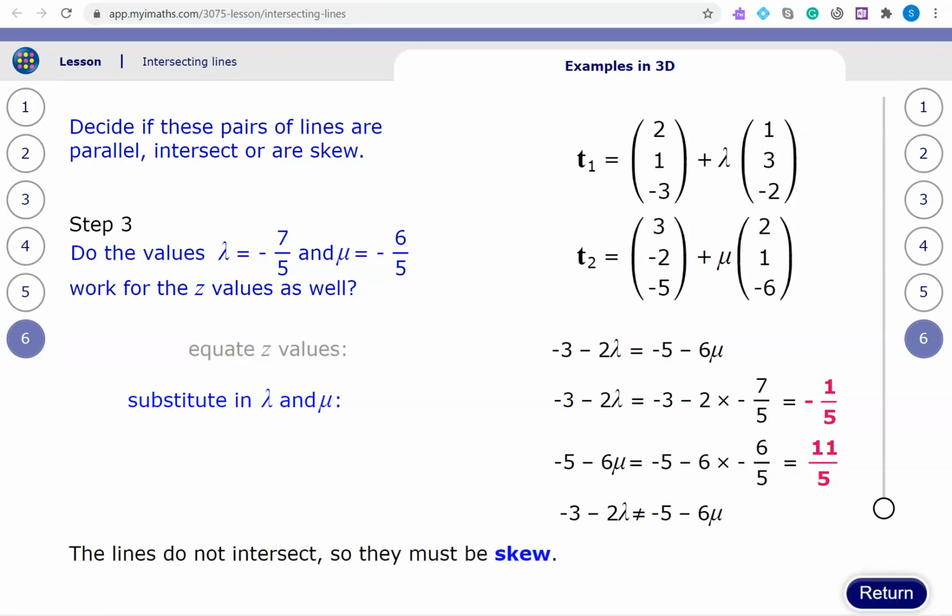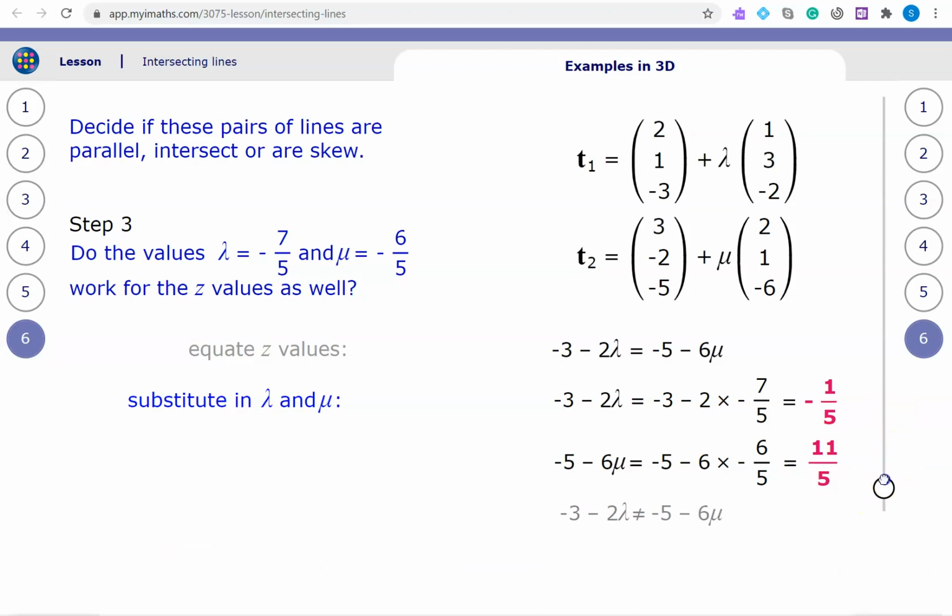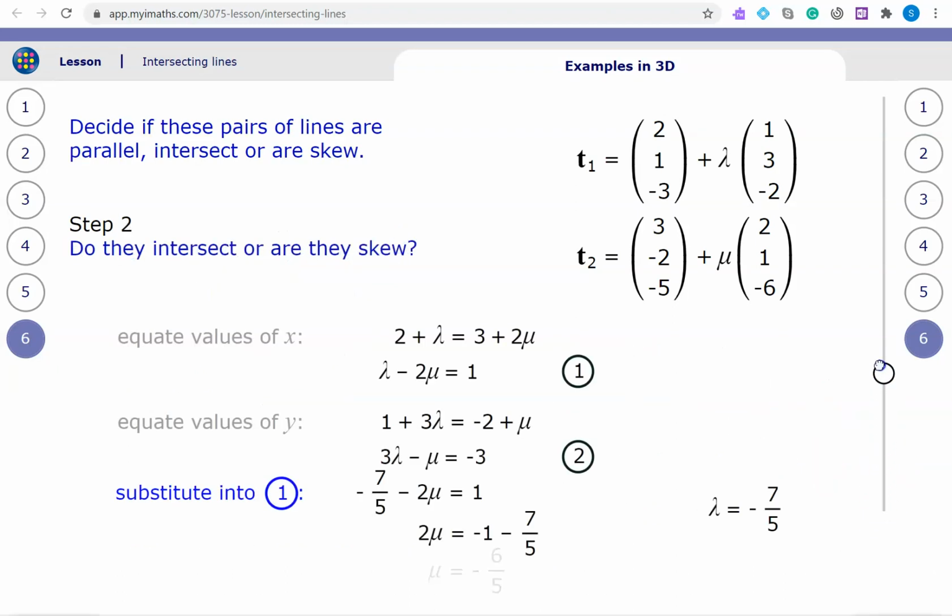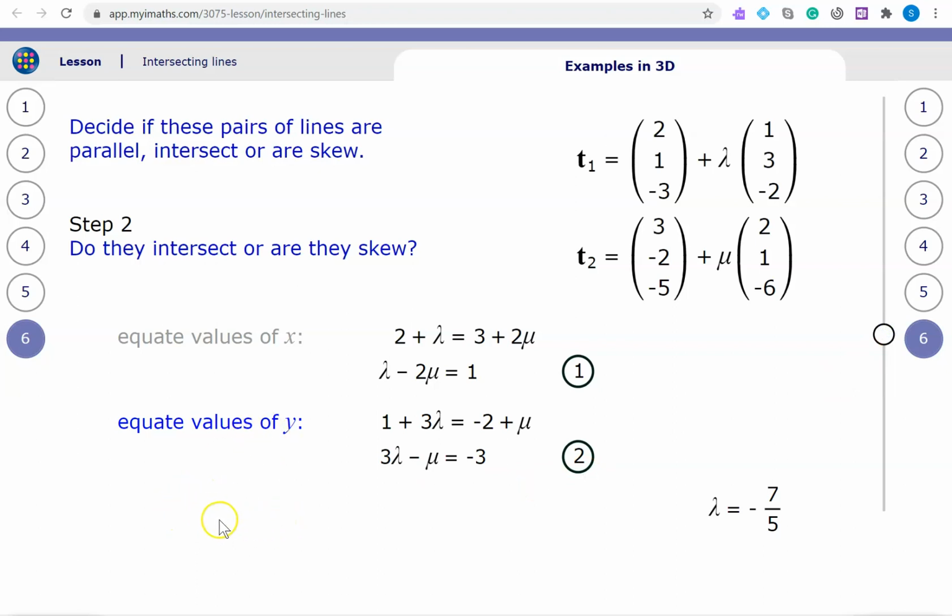And so the two sides are not equal. So in other words, the lines do not intersect. There is no point of intersection. We could also, when we come back over here to this step here, have equated for z, in which case we would then have three equations.